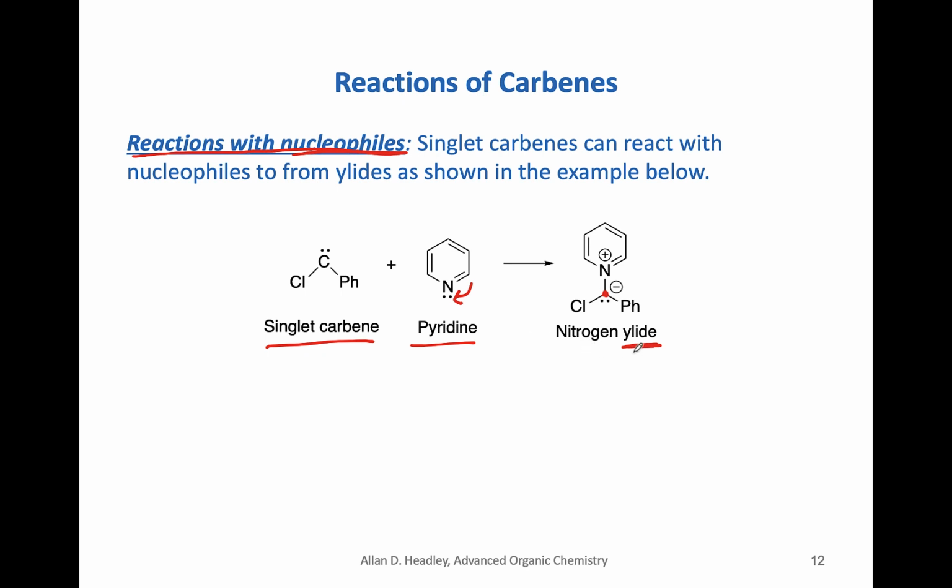So that's one where the carbon is bonded to a phosphorus. So we have a phosphorus ylid for that. There are other types of ylids, and they are sulfur, for example, sulfur ylid. But this particular one here is a nitrogen ylid because it's a positive nitrogen bonded to a negative carbon, and this carbon is nucleophilic.